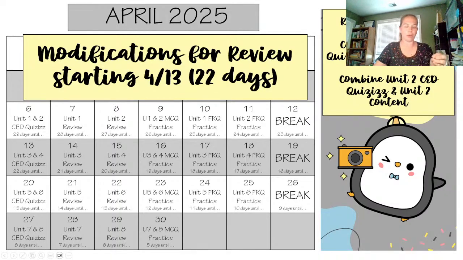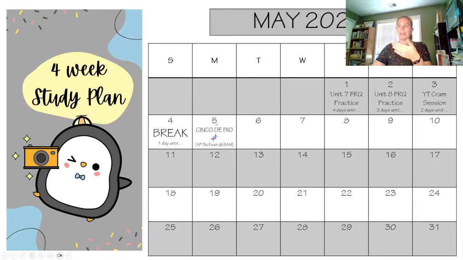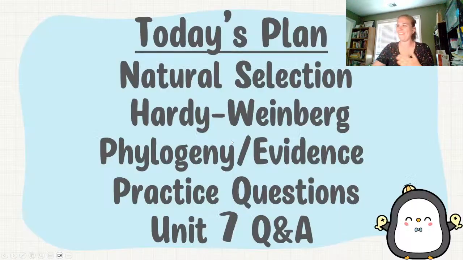You will not get these break days anymore. And then you're probably going to need to combine Unit 1 with the CED quizzes with their Unit 1 review content, and the same thing with Unit 2. That would catch up the 2 days that we might be missing and help us get some of the catch up that we might need to do. And again, the AP exam is on May 5th. In case you don't know when the AP exam is, it is on May 5th.